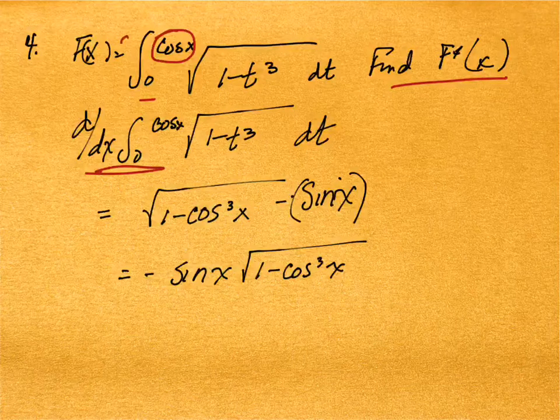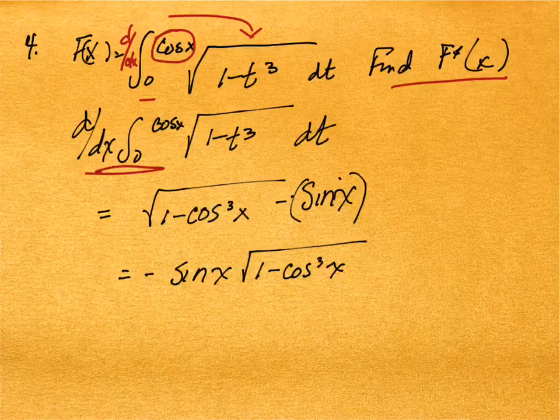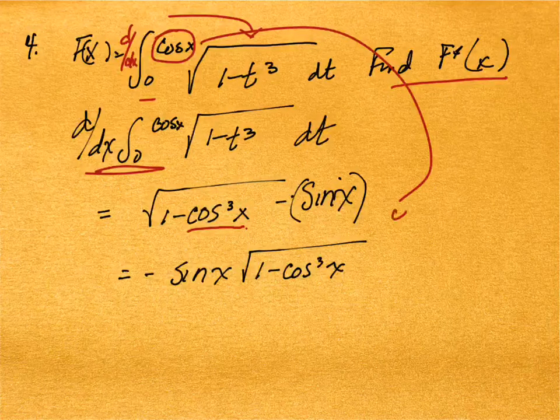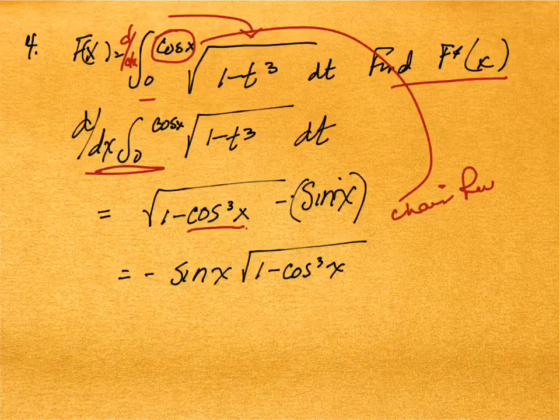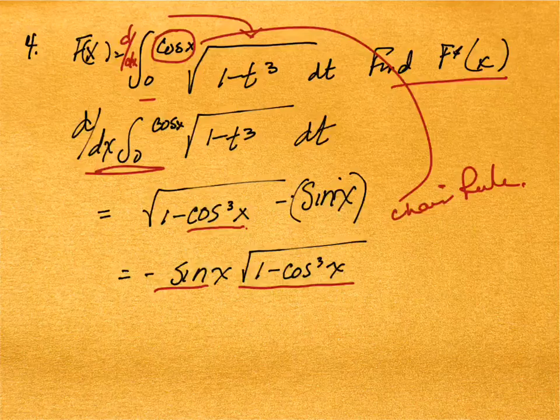So you have to know that means, hey, put the derivative in front, and that's just equal to what that is. So I put in the cosine instead of t, so I got the cosine cubed x, and then I have to multiply it by negative sine x because that's the baby of cosine. So chain rule. Okay, don't forget the chain rule for this. So you get negative sine x square root of 1 minus cosine cubed x.